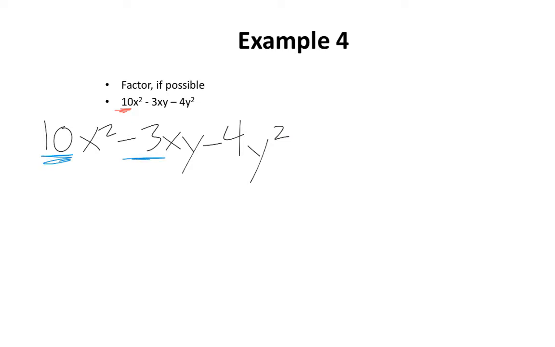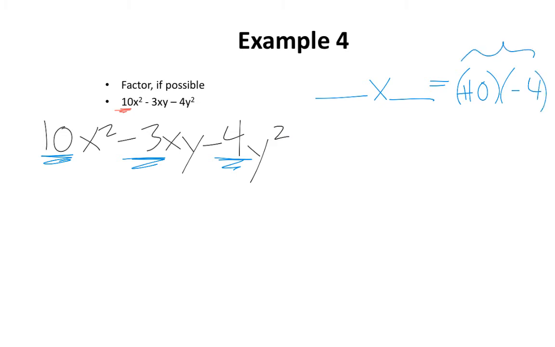So I want you to take a look at the numbers that are present, 10, negative 3, and negative 4. You need to come up with two numbers that when multiplied together give you the product of positive 10 and negative 4. Positive 10 multiplied by negative 4 is negative 40.